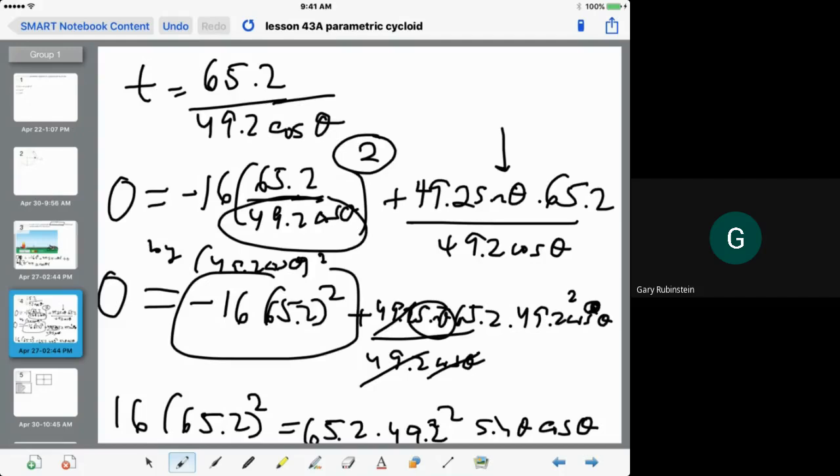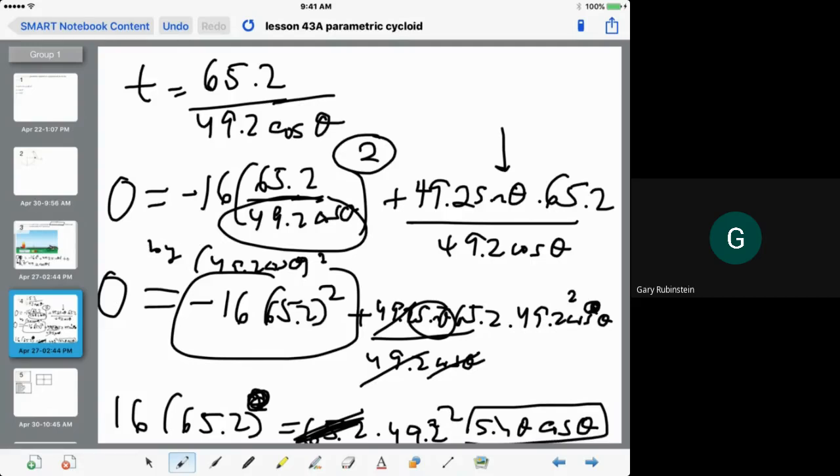And I suppose I can cancel out one of these 65.2s with one of those to make it even easier. Now, looking down the road, this thing looks problematic.